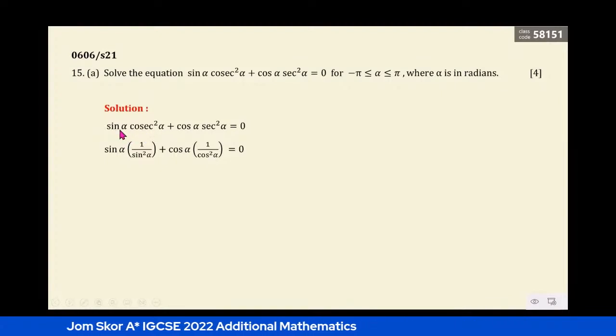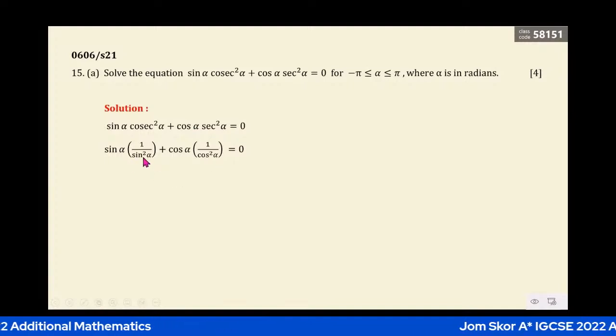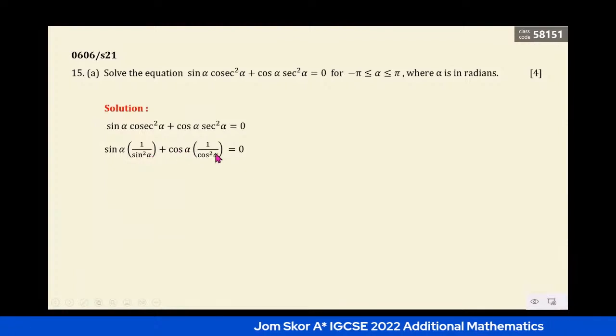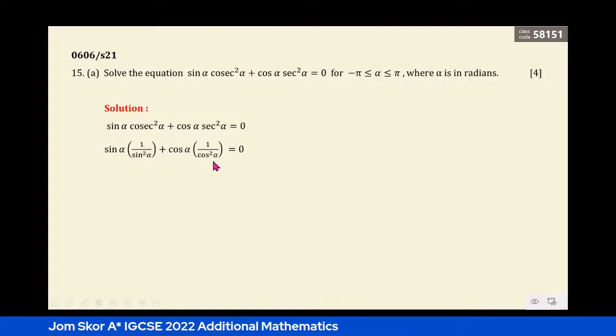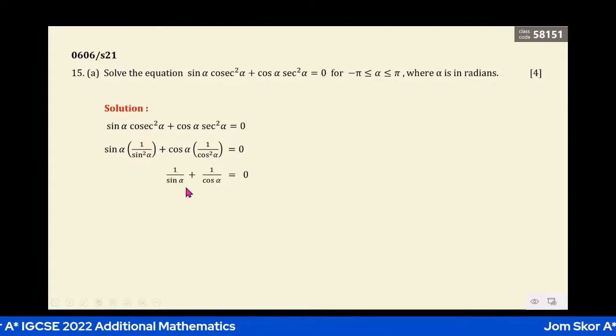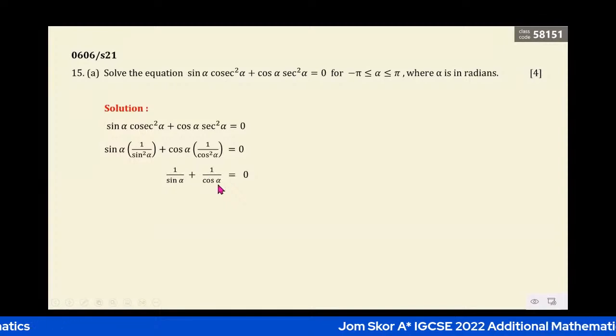So now we have 1, 2, 3, 4, so we reduce into 2. So we can cancel out the sine alpha. Cos alpha, we can cancel with one of the cos square alpha here. So we have this: 1 over sine alpha plus 1 over cos alpha is equal to 0.